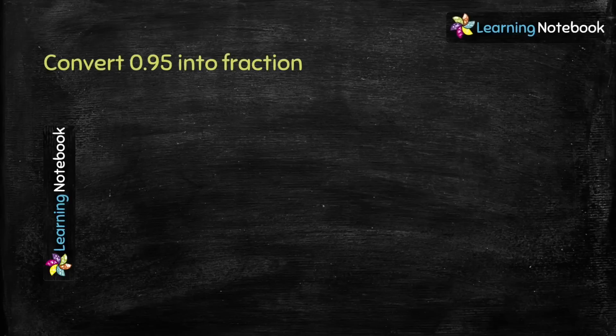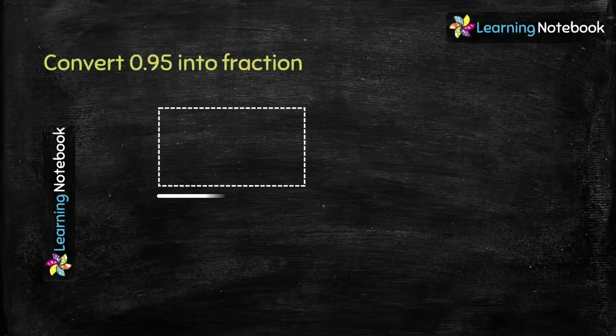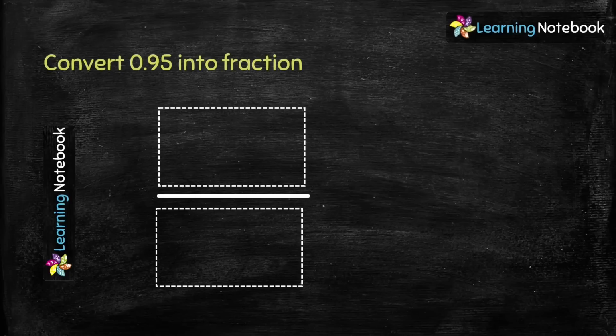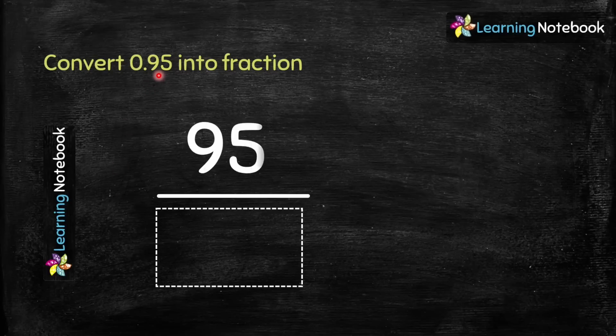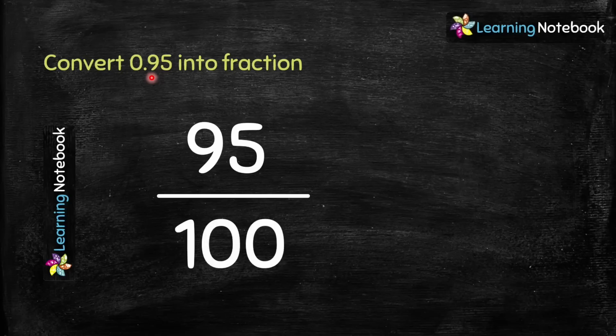Let's do another question. Convert 0.95 into fraction. So here first let's write the numerator, which is 95. Now this decimal number has 2 decimal places, so denominator will be 100. So we have got the fraction as 95 by 100.